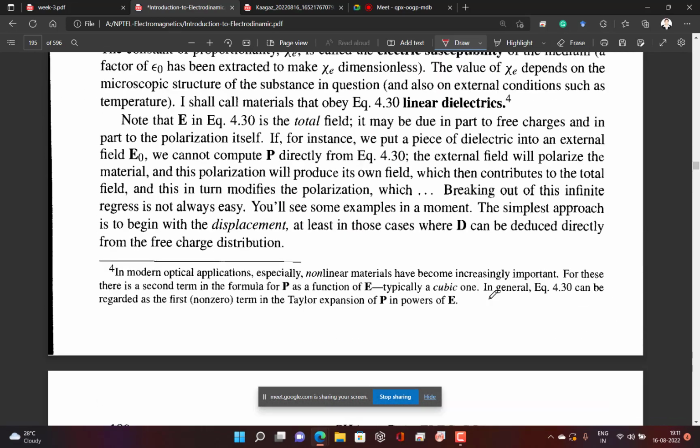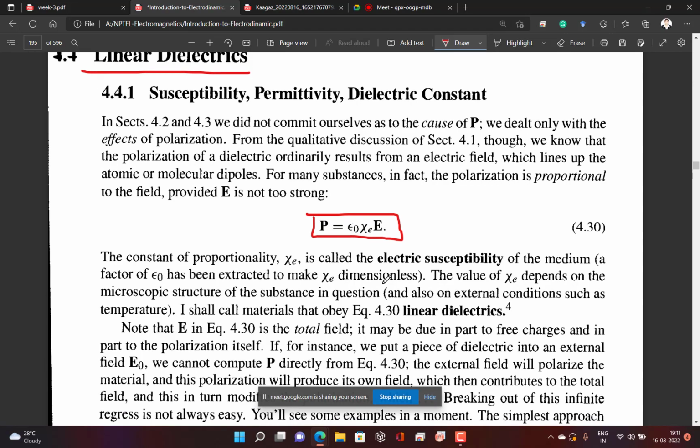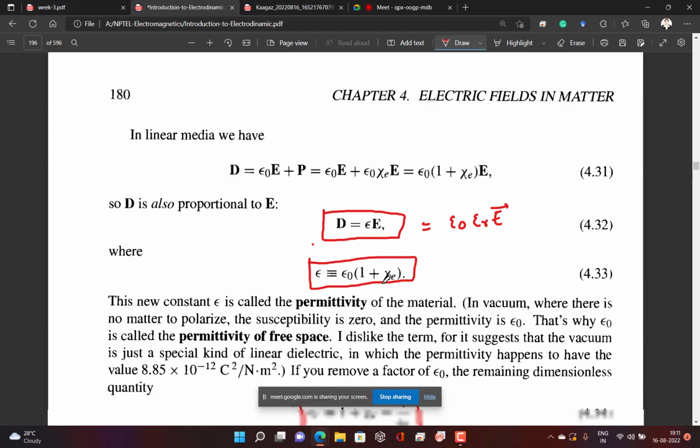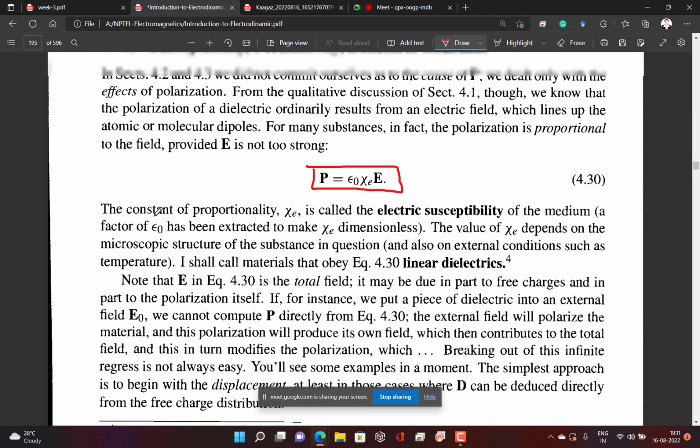So this is from section 4.4.1. Here a formula is given which shows us D for a linear dielectric.